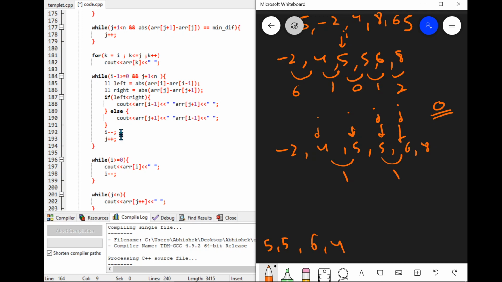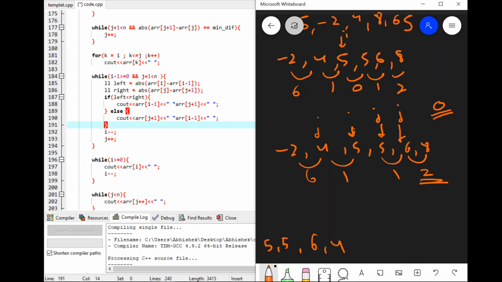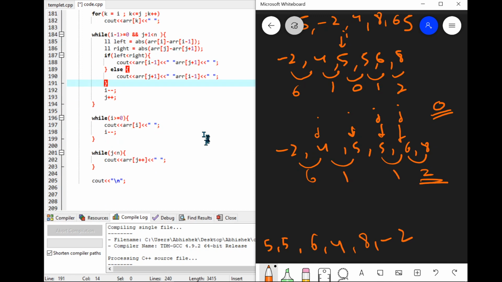Alright, and then we would again be calculating left, which would be 6, right, which would be 2. So right would be less, left is less than right, false, so we would be entering here. So we would be first printing 8 and then minus 2.